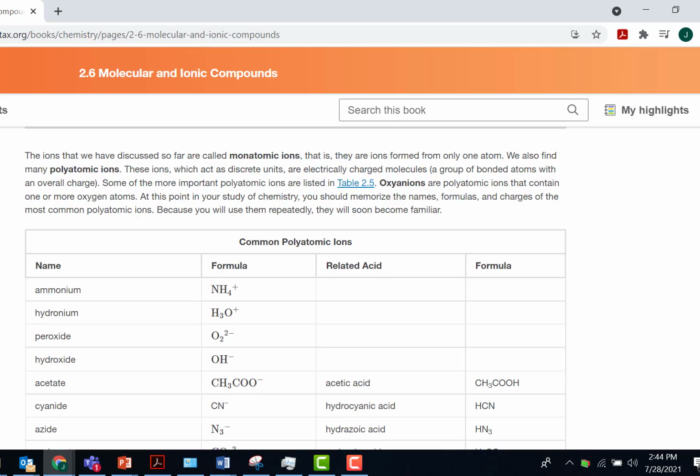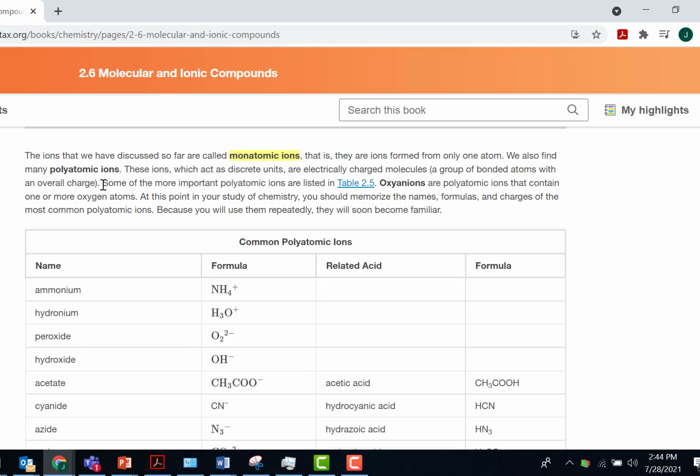So what ends up happening with these elements that form charges is we form what are called monatomic ions. A monatomic ion is an ion where we have one element with a charge. We also have what are called polyatomic ions.